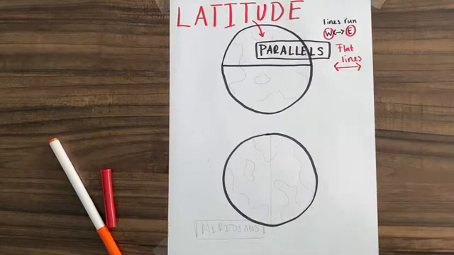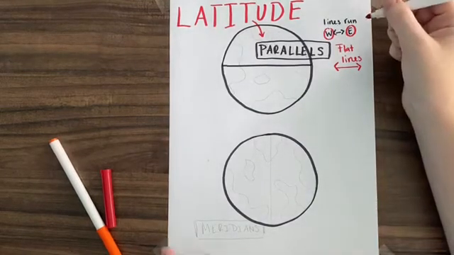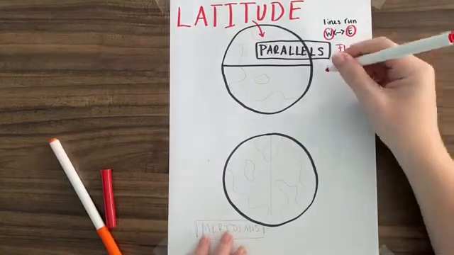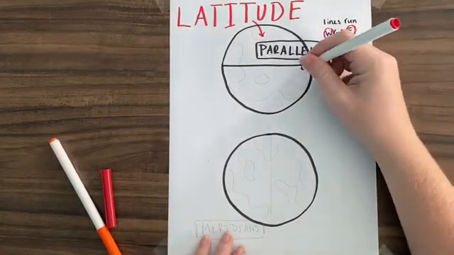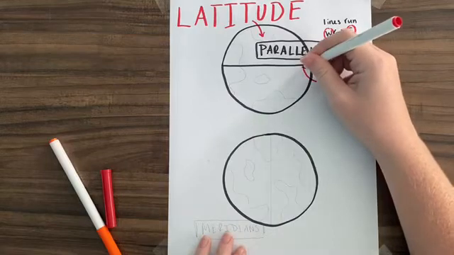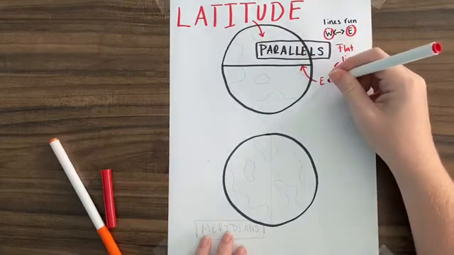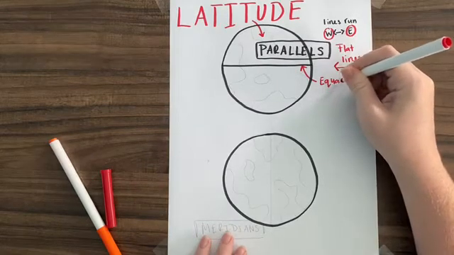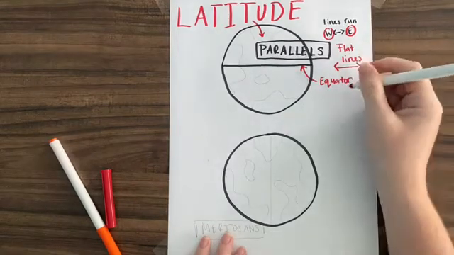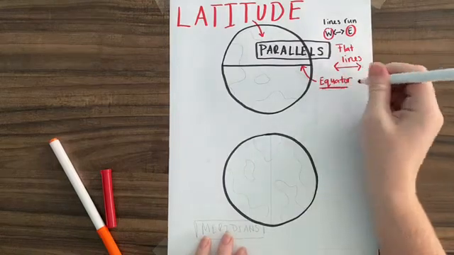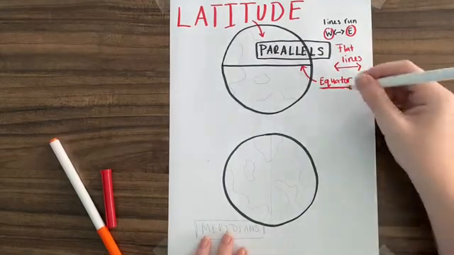So, all lines that are latitude start in one place. They start in the middle of the earth. This is called the equator. So the equator, it's the middle of the earth.